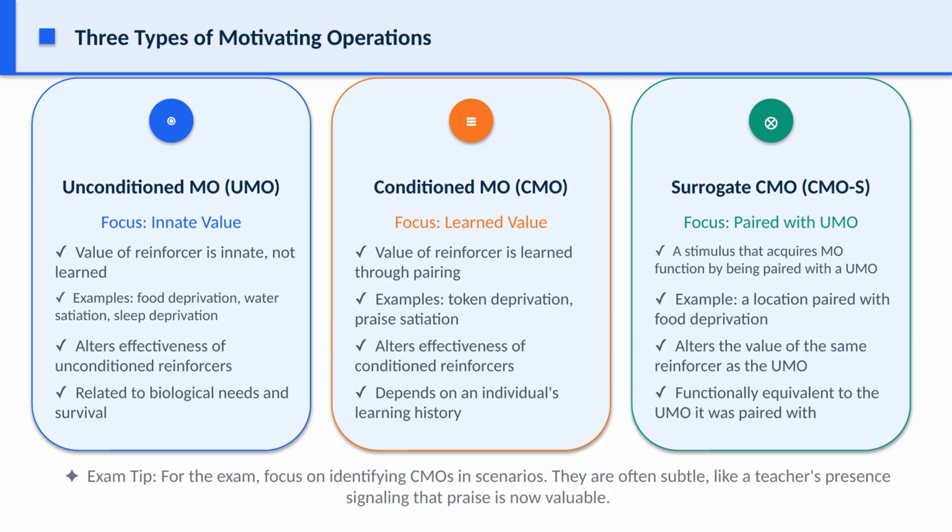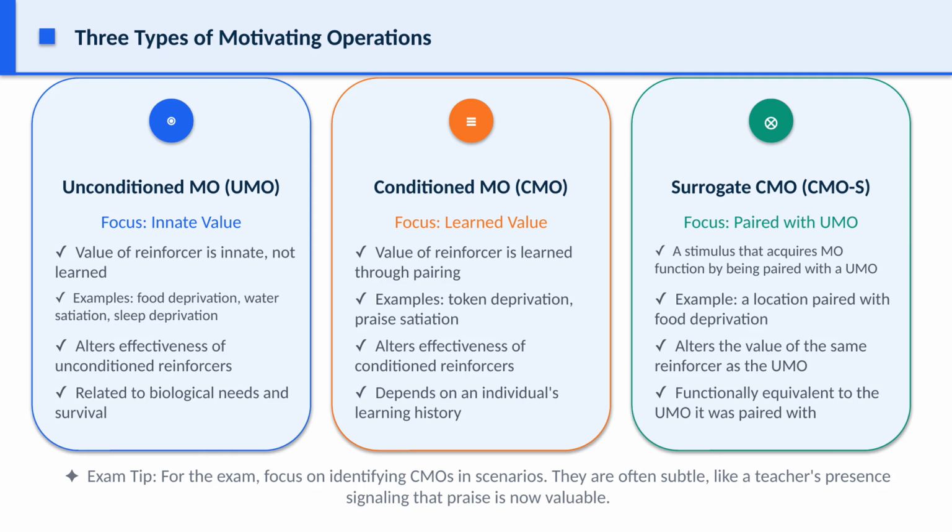Now, let's break down the 3 types of motivating operations you need to know for the BCBA exam. First, unconditioned motivating operations, or UMOs, are innate. Things like food deprivation or sleep deprivation alter the value of unconditioned reinforcers without any learning history. They're tied directly to biological survival.